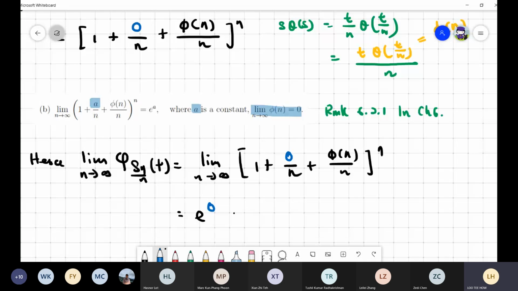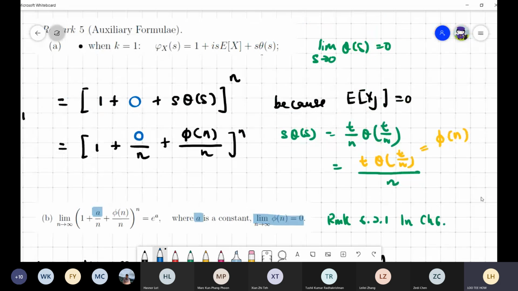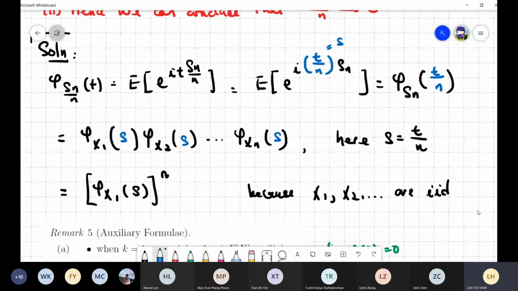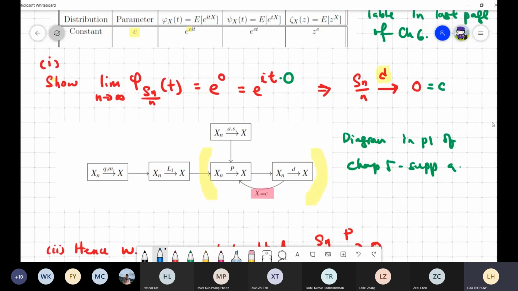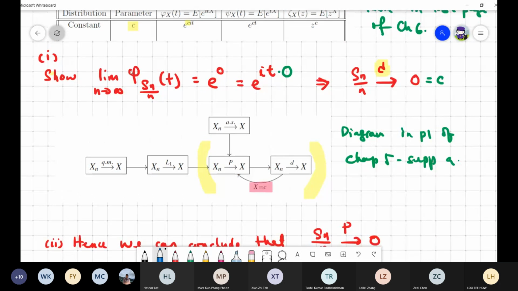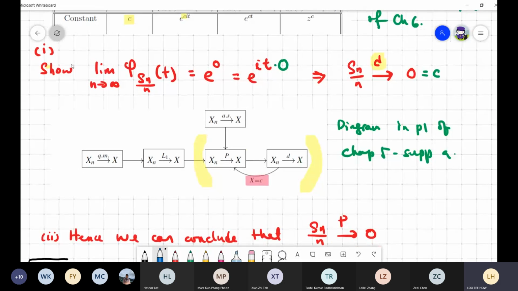Okay, so this is what we can prove by using all these formulas here. So this is e to the power of 0. Okay, so maybe let's go back to our discussion from before this solution. Now we can apply these arguments over here. We have done this already. We have shown that this limit of phi_{S_n/n} will be equal to e^{it·0}, which is e^0.